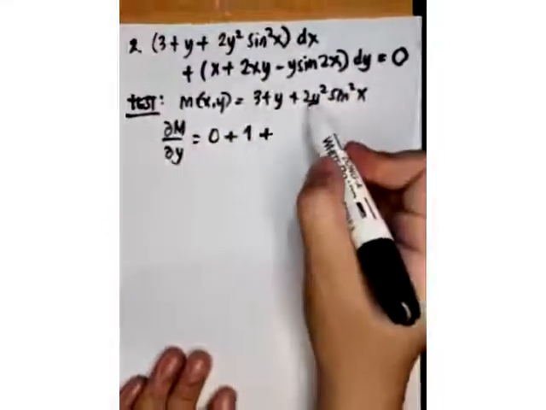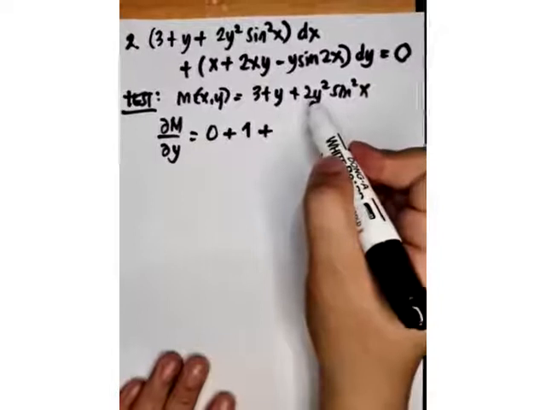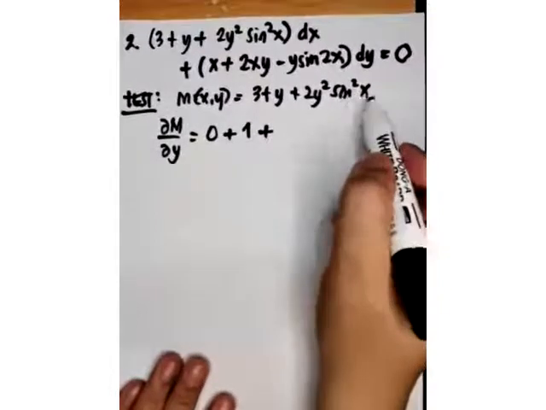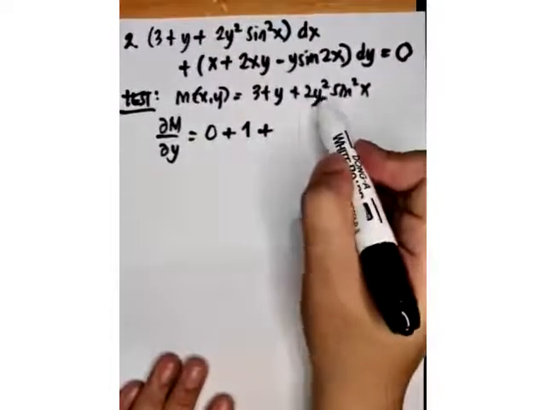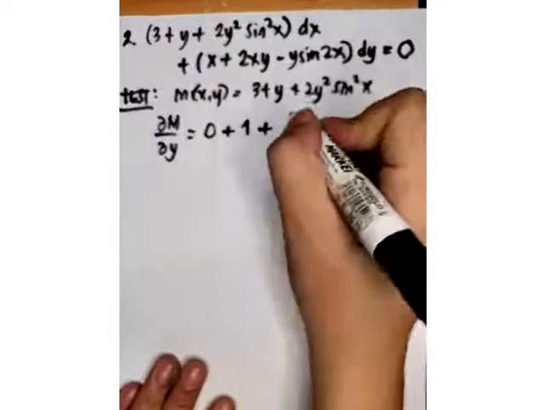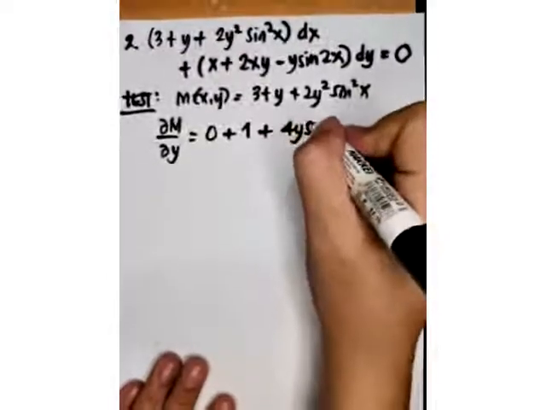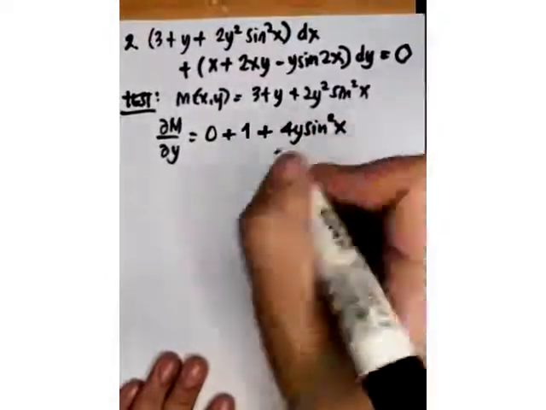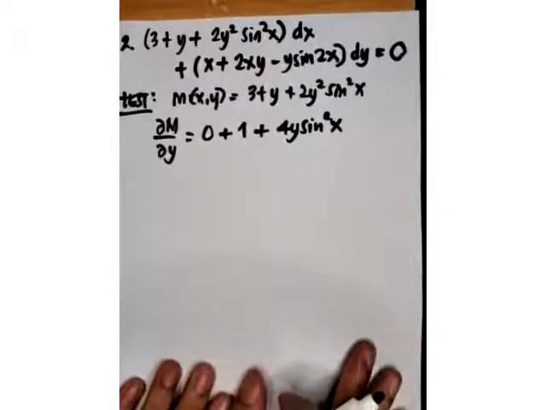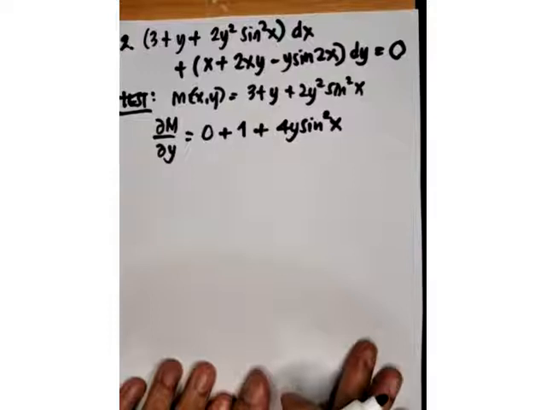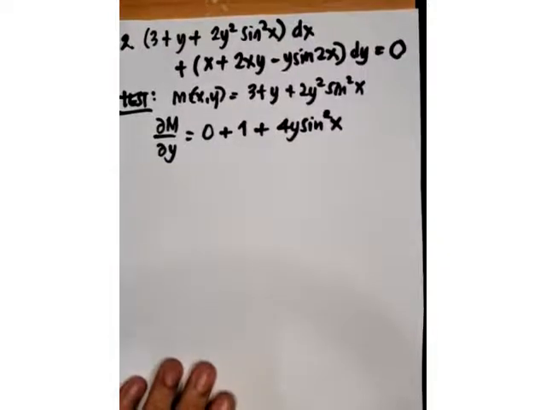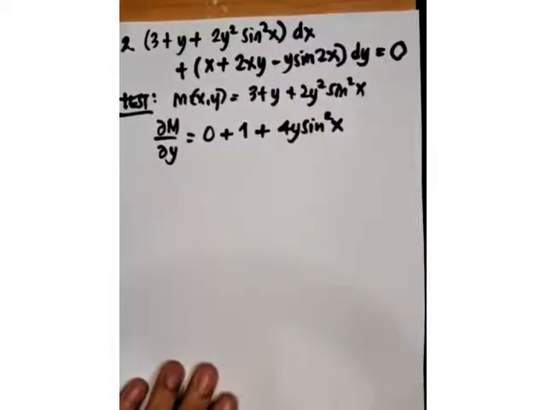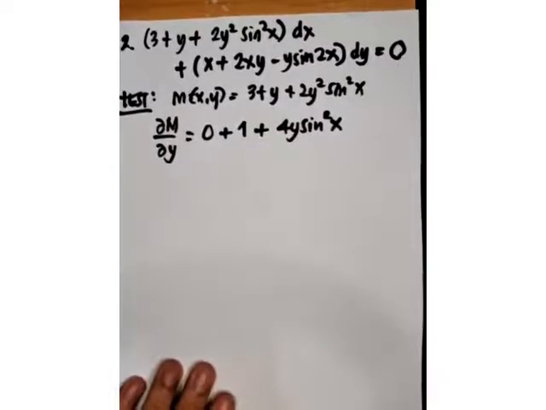Plus, the derivative of this one, where x is acting as a constant, we only derive the y squared. So that will be 4y sin²x.